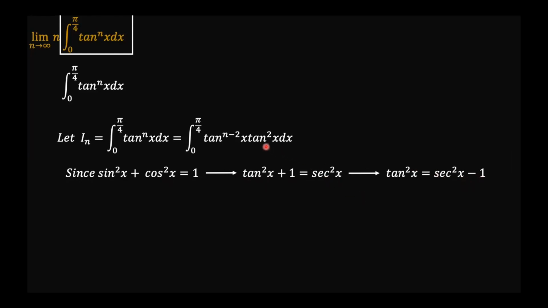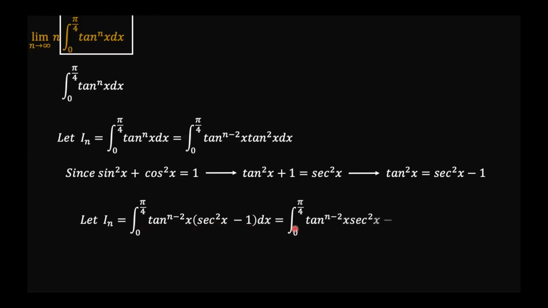Now, if we replace tan squared x with sec squared x minus 1, our integral I_n will be equal to the integral of tan to the power n minus 2 of x times, in brackets, sec squared x minus 1, which is the product of tan to the power n minus 2 of x times sec squared x, minus tan to the power n minus 2 of x.